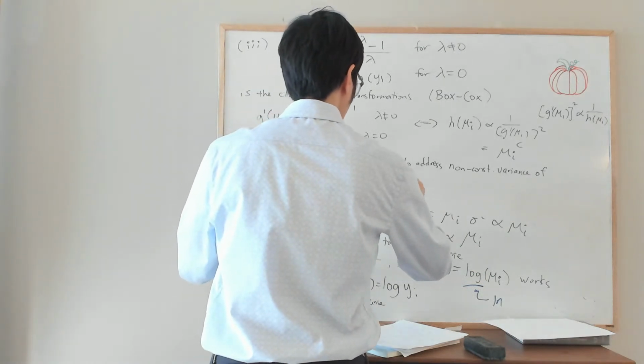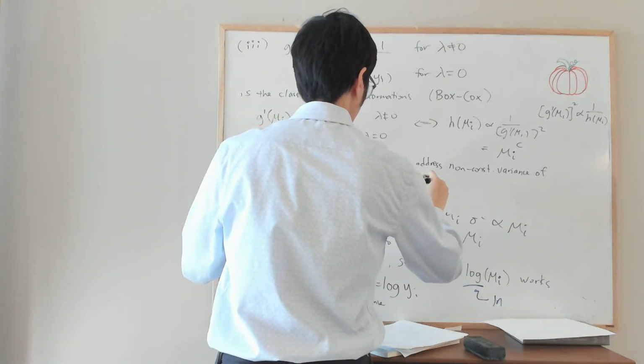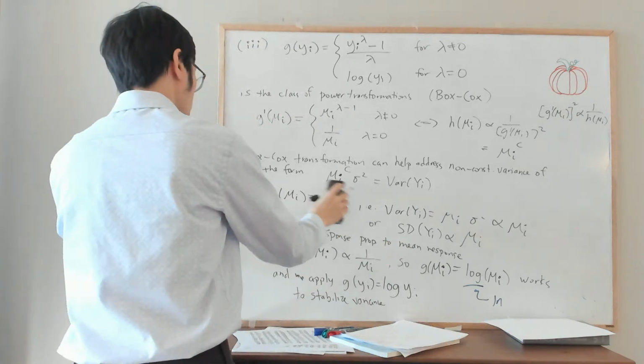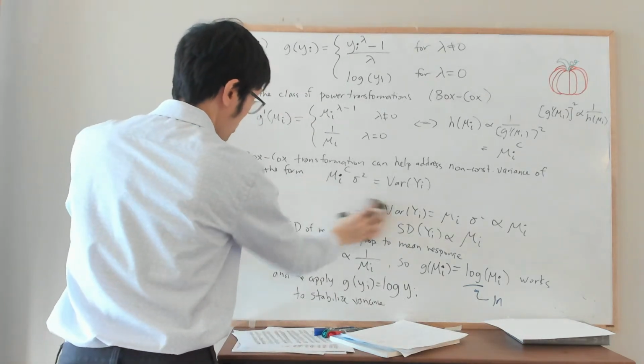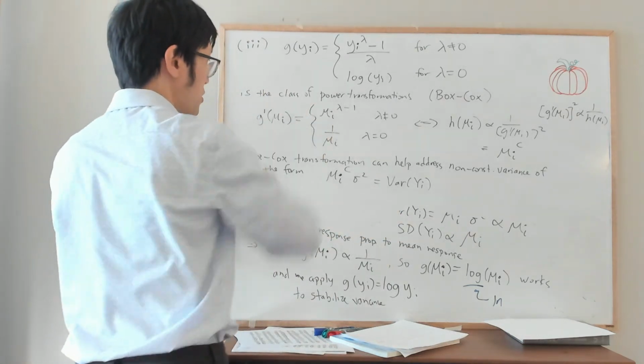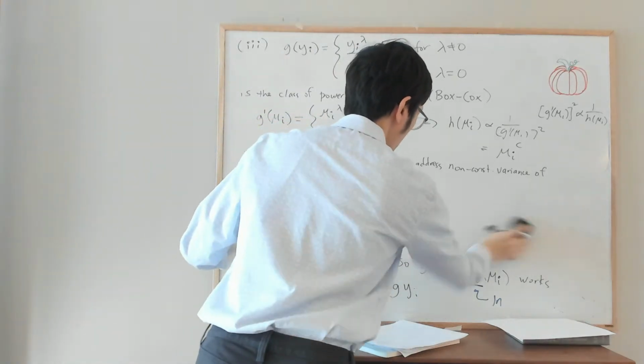If the variance of the response is proportional to the mean to some arbitrary power, then this transformation can help fix that.